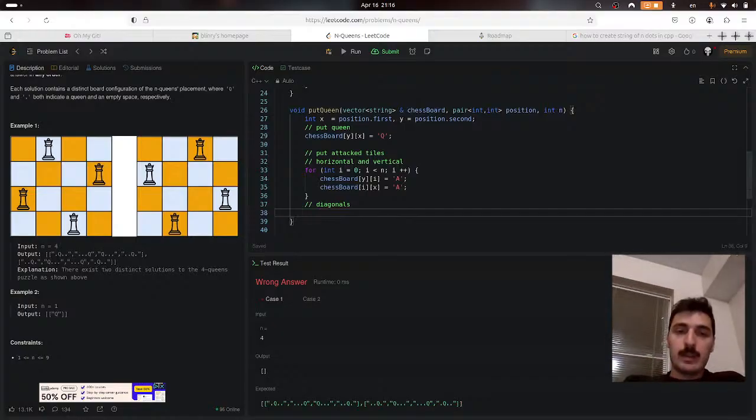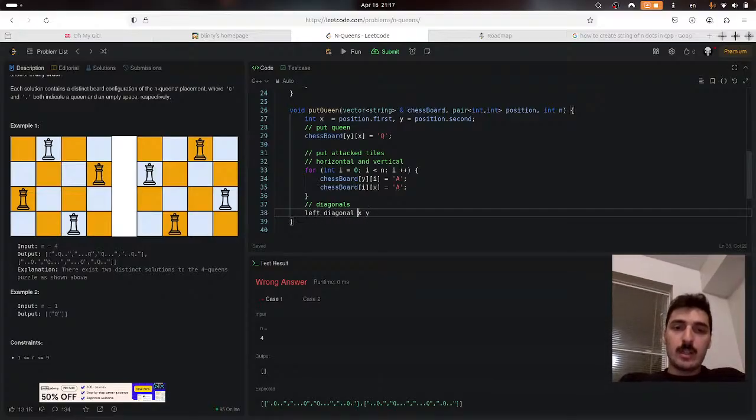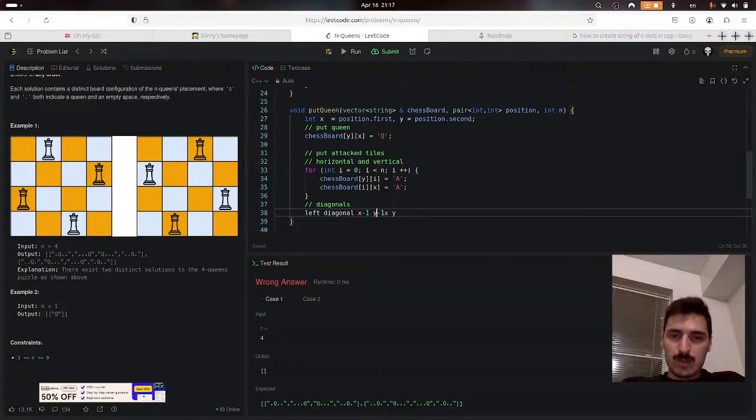So when we have x and y, the left diagonal is going to be x minus 1, y minus 1, then x minus 2, y minus 2, and so on.